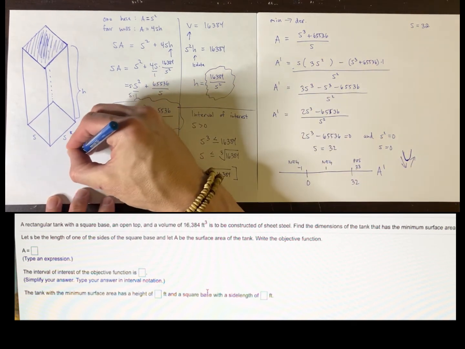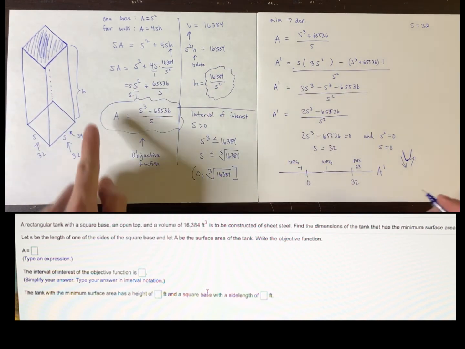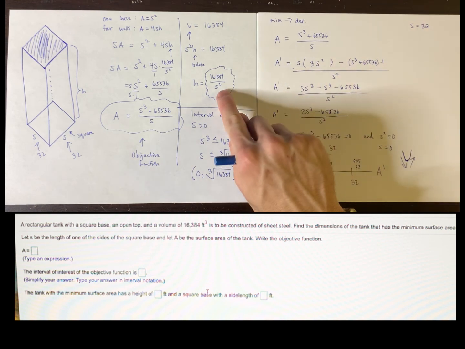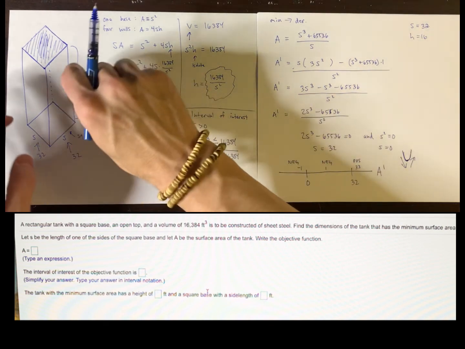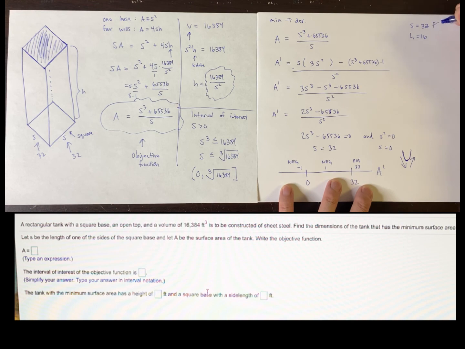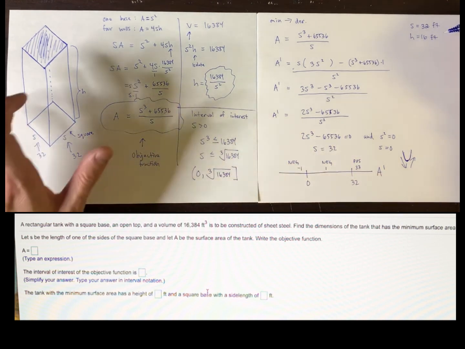So that's 32, and that's 32. The only thing you have to do now is find h. Why don't you take s as 32 and drop it into the little bubbled equation there, which should be 16. So the dimensions of this shape are 32 feet for the base and 16 feet for the height.